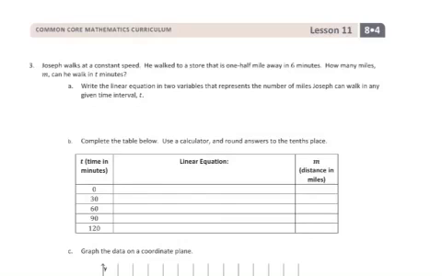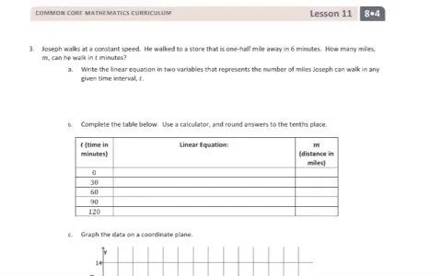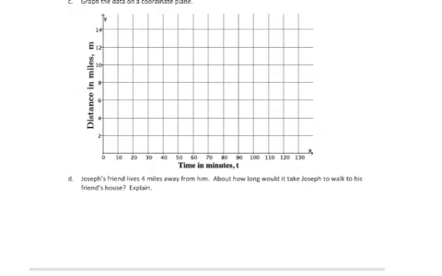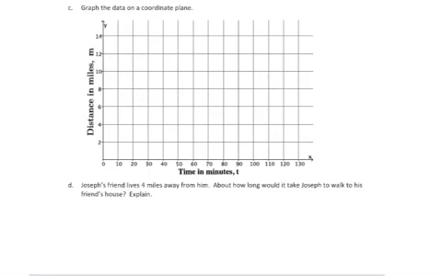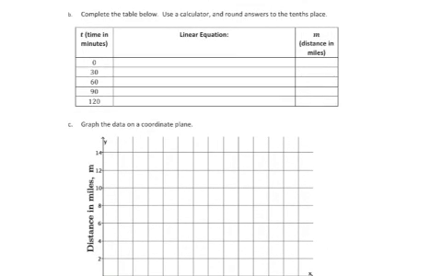Again, if you're not sure where items go, just remember that time is going to go in your denominator. So that is a good place to start. So go ahead and take the next 4 or 5 minutes to come up with the equation, then part B, fill in the table, then part C, fill in the graph, and then try to predict using the graph to answer part D. So go ahead and hit pause, and when you're done, you can go ahead and hit play again, and you can check your work with mine.